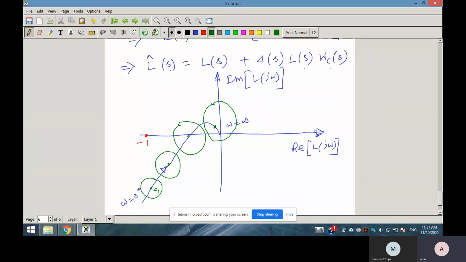I have not drawn this disc properly, but the radius of this disc at a particular omega is mod of L j omega into W c j omega. And the L hat j omega plot will lie within this envelope.